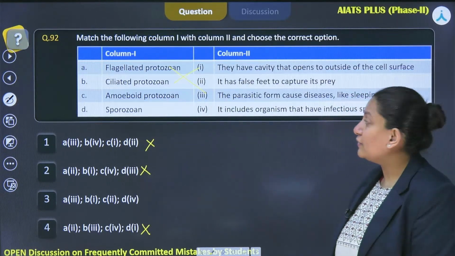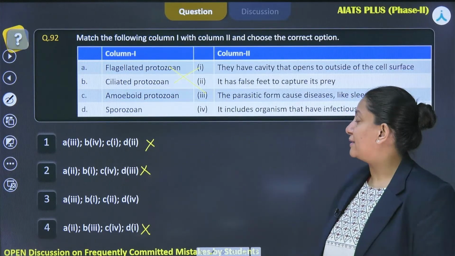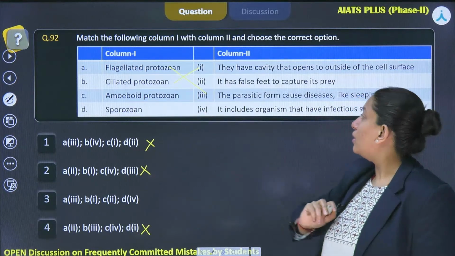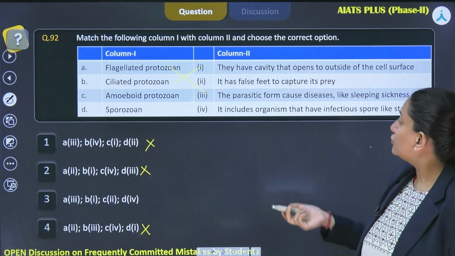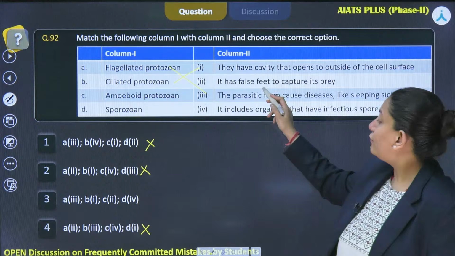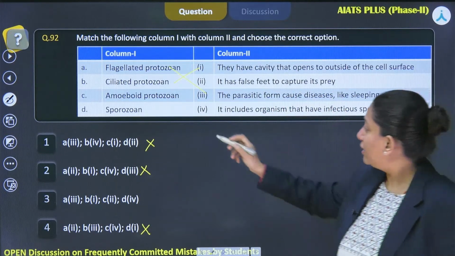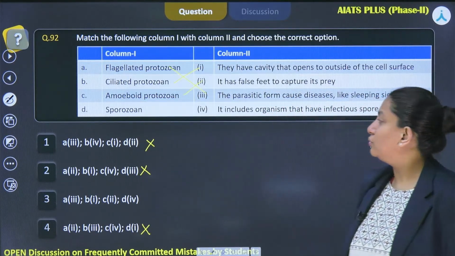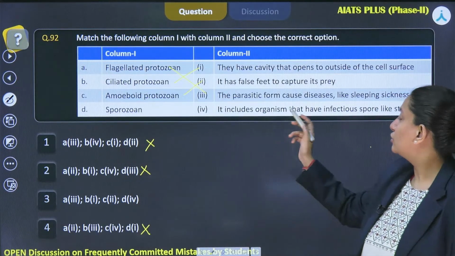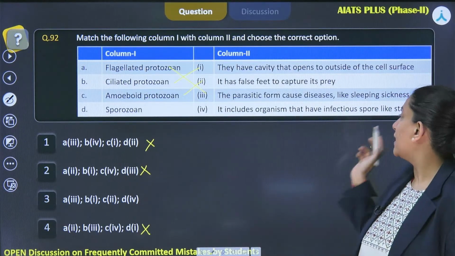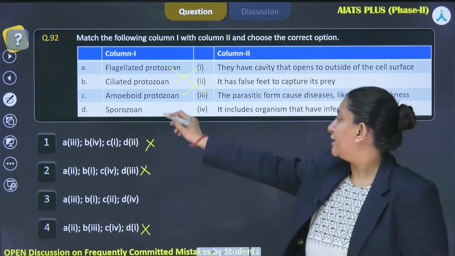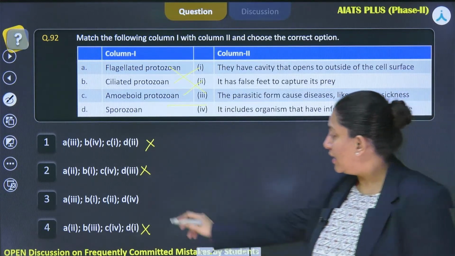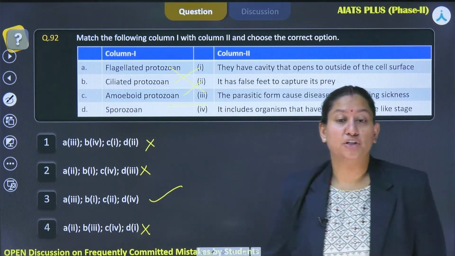Right? Generally, they don't have things like this. Now, amoeboid protozoan. So, when we talk about the amoeboid protozoan, they have false feet to capture their prey. So, C matches with 2 and D says it includes sporozoans, which includes organisms that have infectious spore-like stage. So, D matches with 4 and the correct depiction you could see in option number 3, right.